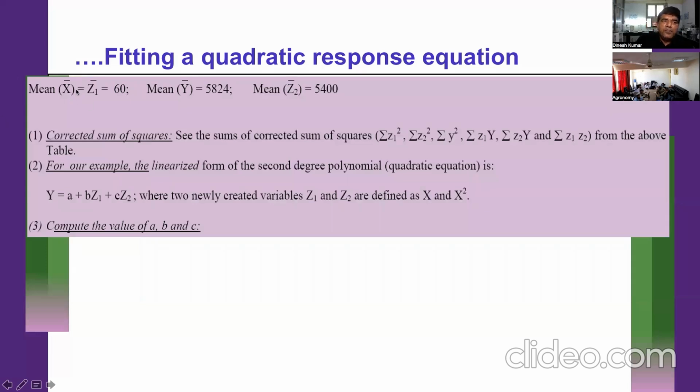Now you see, mean of X is actually Z1 bar, which is 60. Mean of Y was 5824. Mean of Z2 is 5400. So you have calculated a number of these terms. From these terms, we can calculate the value of ABC.